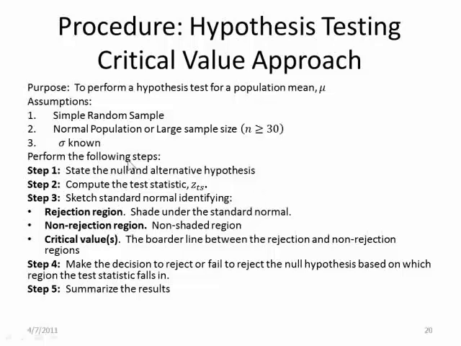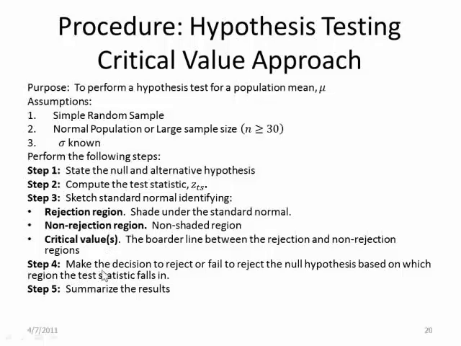So the steps that I'd like for you to follow is, the first thing, we will state the null and the alternative hypothesis. Our second step is to compute the test statistic, and in this case it's going to be a z-test statistic. Later we'll get to a t. And then the next thing you should do is sketch the normal distribution, identifying the rejection region, the non-rejection region, and the critical values.